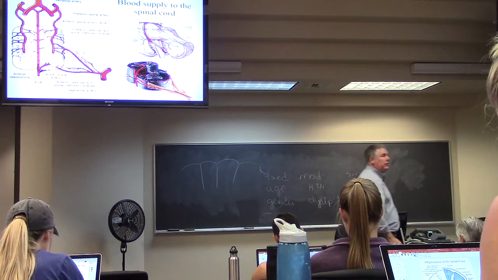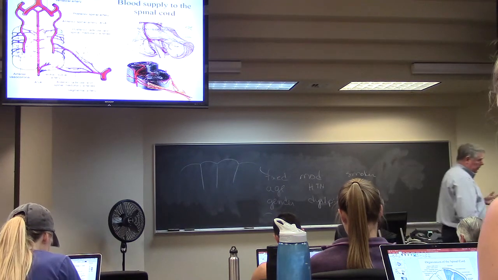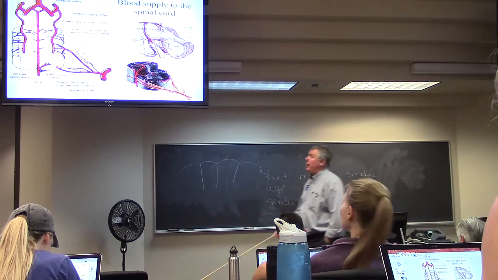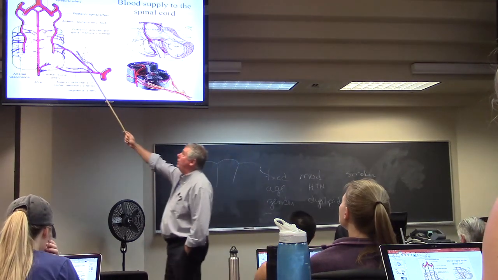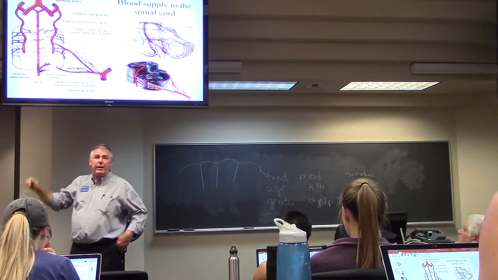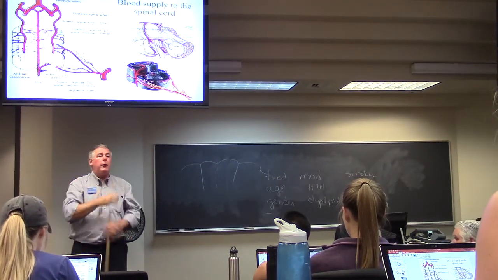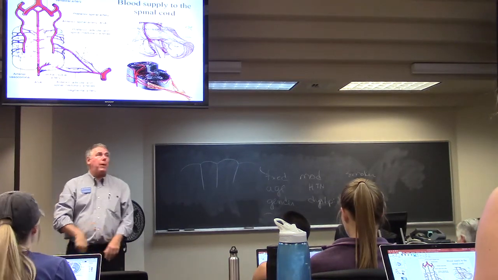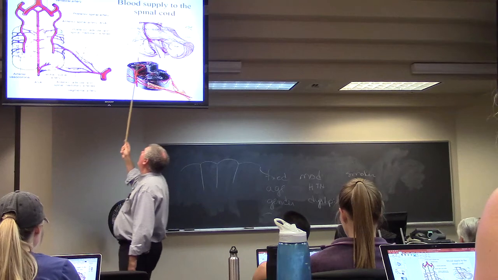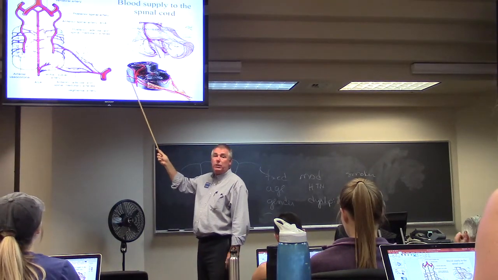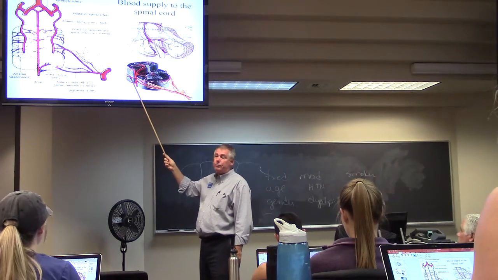The vascular supply of the spinal cord comes from a couple of different places. You remember back in anatomy, we've got the two vertebral arteries. Anteriorly, there's a branch that comes off medially from each vertebral that will join to form the anterior spinal artery. The anterior spinal artery supplies a large chunk of the anterior portion of the spinal cord.